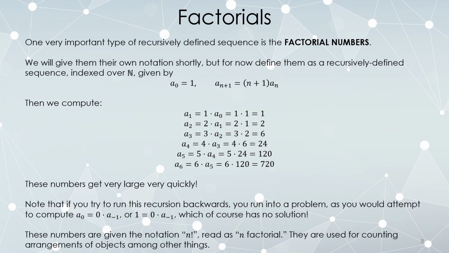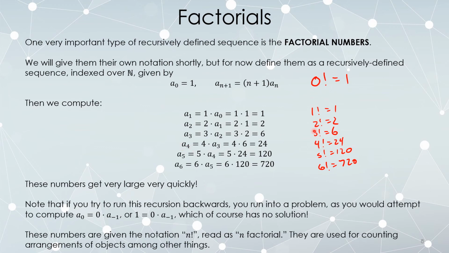So what we've computed here, 0 factorial is 1, 1 factorial is 1, 2 factorial is 2, and so forth. 3 factorial is 6, 4 factorial is 24, 5 factorial is 120, 6 factorial is 720. Instead of using a sub n, a sub 4, we're calling that 4 factorial.